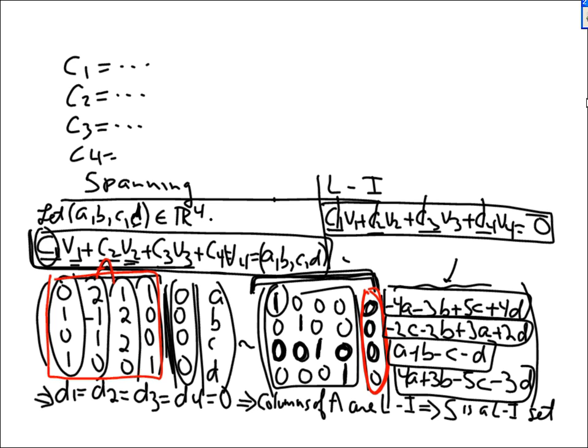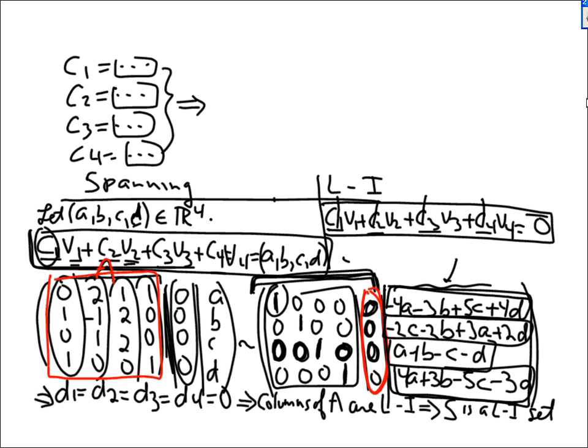And they're all well defined for any a, b, c, and d. We're never dividing by 0. So on an exam, you better write down what C1, C2, C3, and C4 are. Here they are, the bottom right. This here is C1, that's C2, that's C3, and the last one is C4.